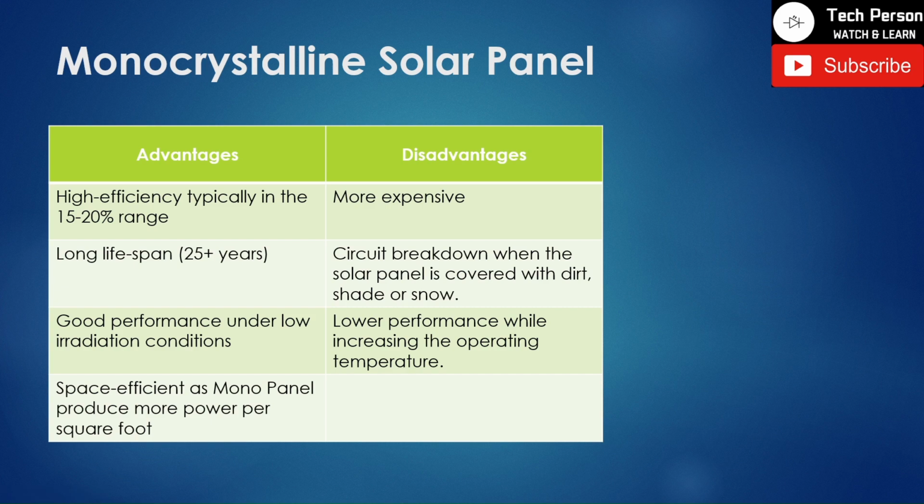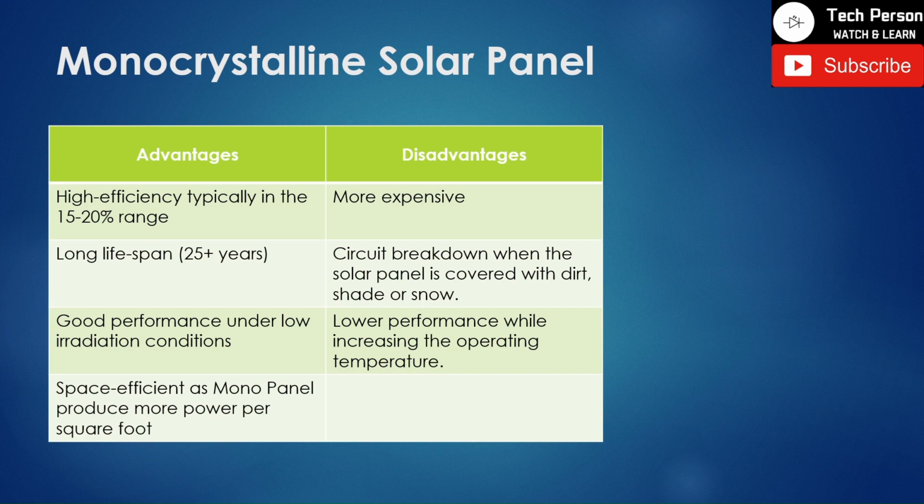On the other side, there is the shading issue, which is a very important thing. Even while doing the installation, you need to consider that the place where you are fixing your panel has no shade at any part of the day.